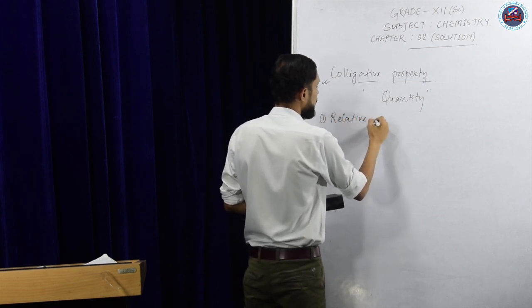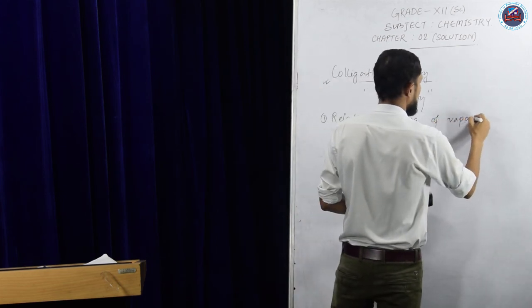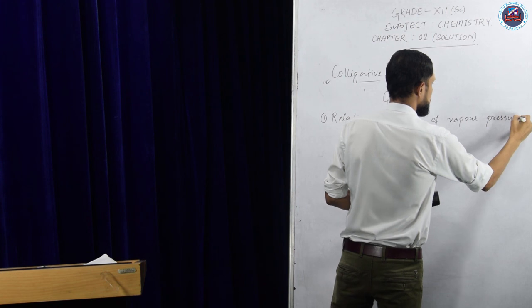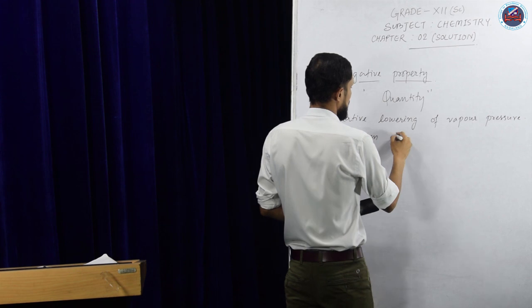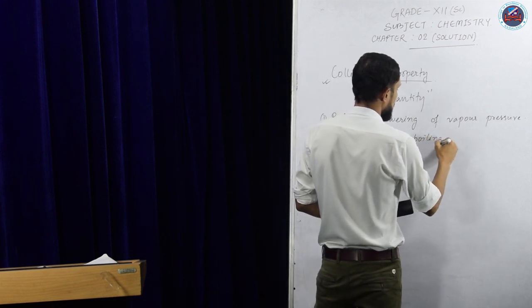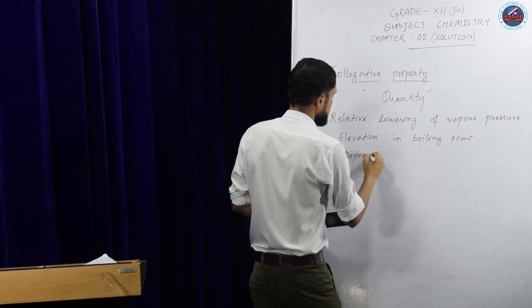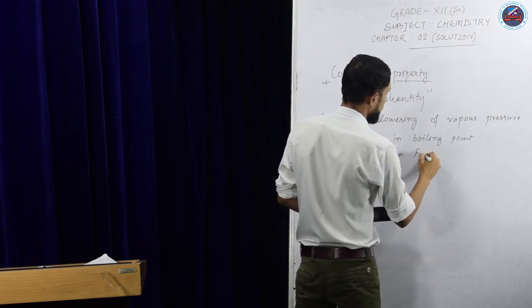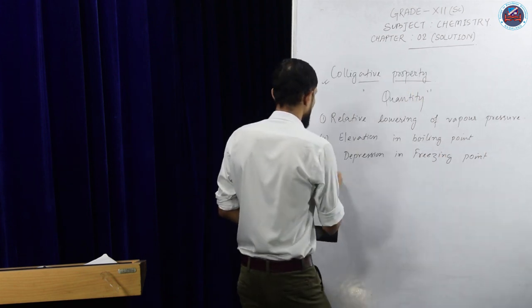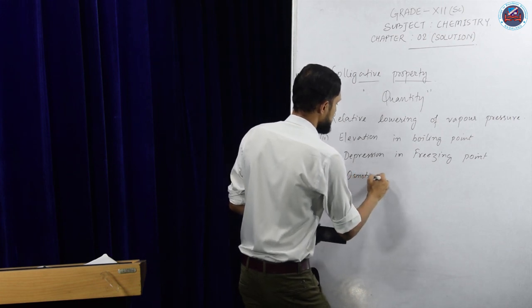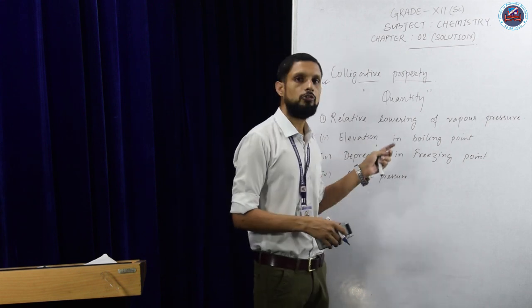They are relative lowering of vapor pressure, elevation in boiling point, depression in freezing point, and osmotic pressure. So we'll study each of these properties in detail. We also have to do numericals from these topics.